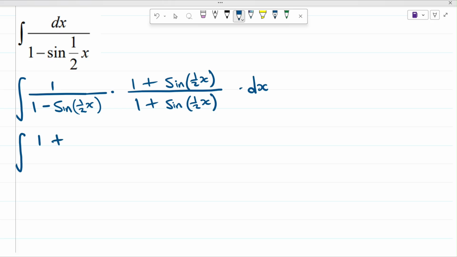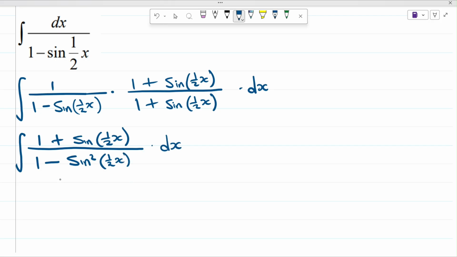So we're going to have 1 plus sine of 1 over 2x divided by 1 minus sine squared of 1 over 2x, and then dx. From there we're going to change 1 minus sine squared into its equivalent when it comes to square identities.